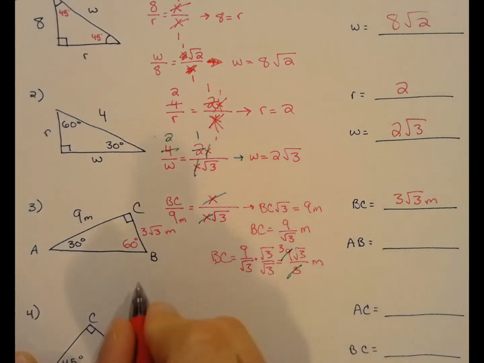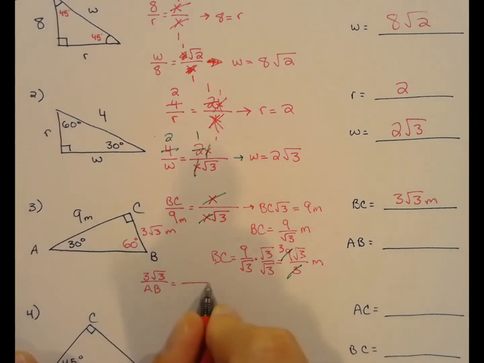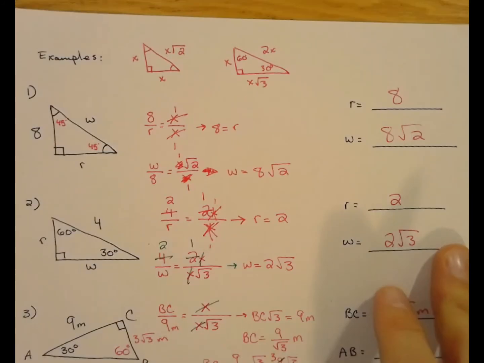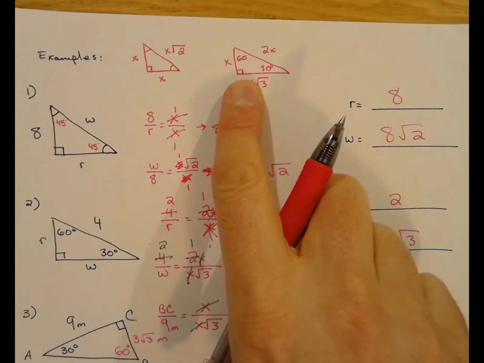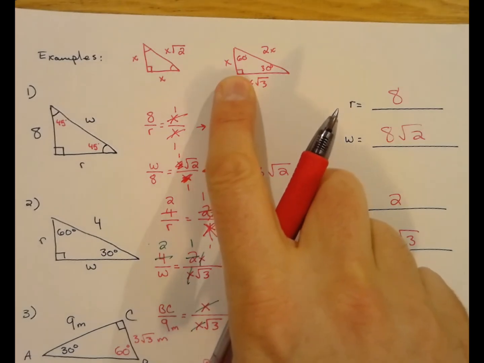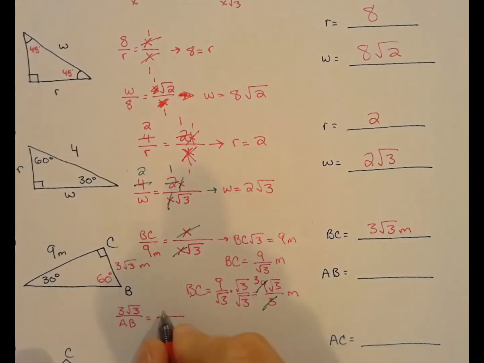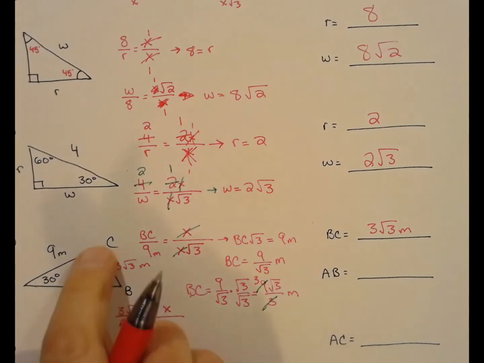Now I'll use BC and AB, and this is a shortcut that I was mentioning a moment ago. When you have the shortest side, which is 3 root 3, that's going to match up to x, the side between 60 and 90.